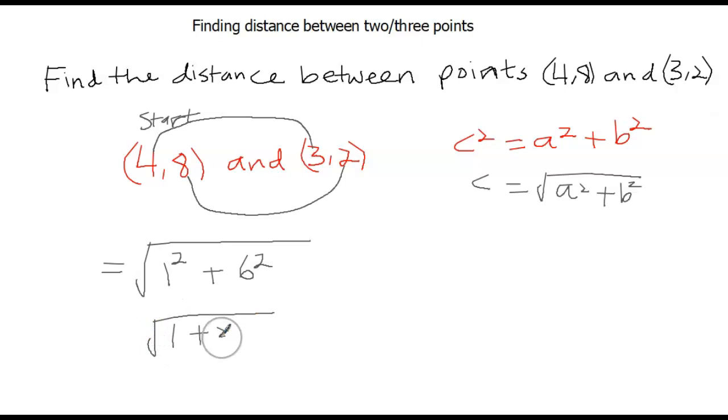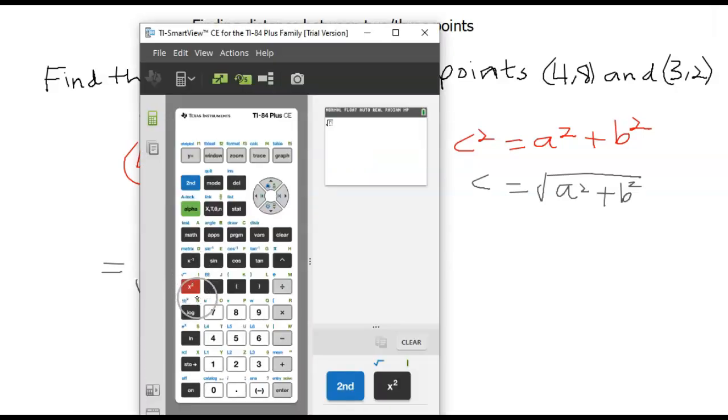And 6 squared is 36. So here we get square root of 37, which is not a perfect square, so you can just get your calculator. Square root of 37 gives us 6.082.